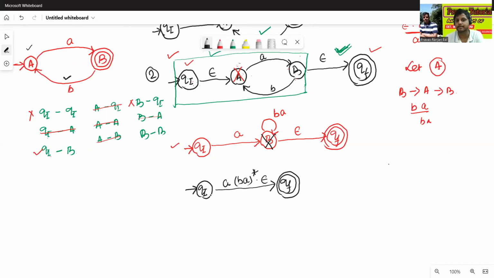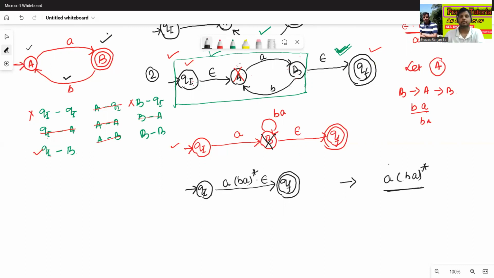So what is the regular expression? The regular expression is A BA whole star for the given finite automata. In this way we can use the state elimination method to find the regular expression.